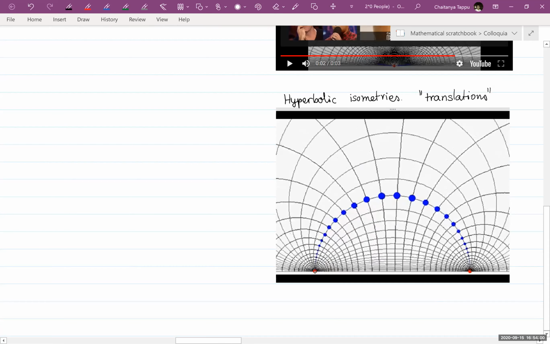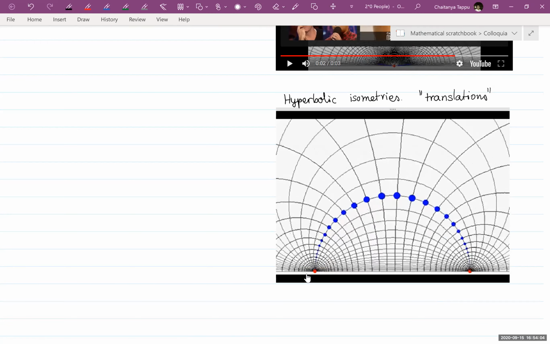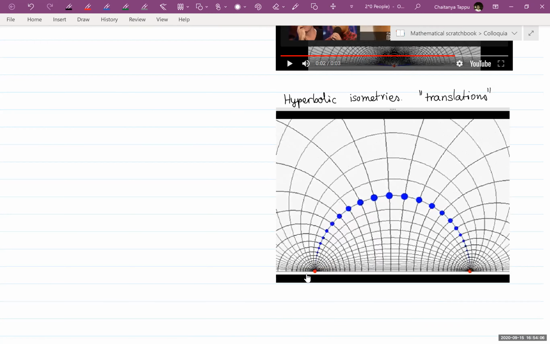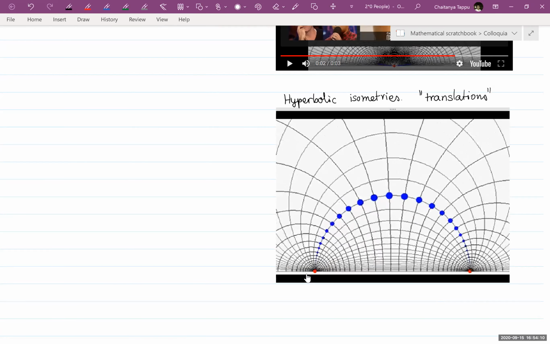So now there are two red points, and the two red points on the boundary determine a geodesic in the hyperbolic plane.